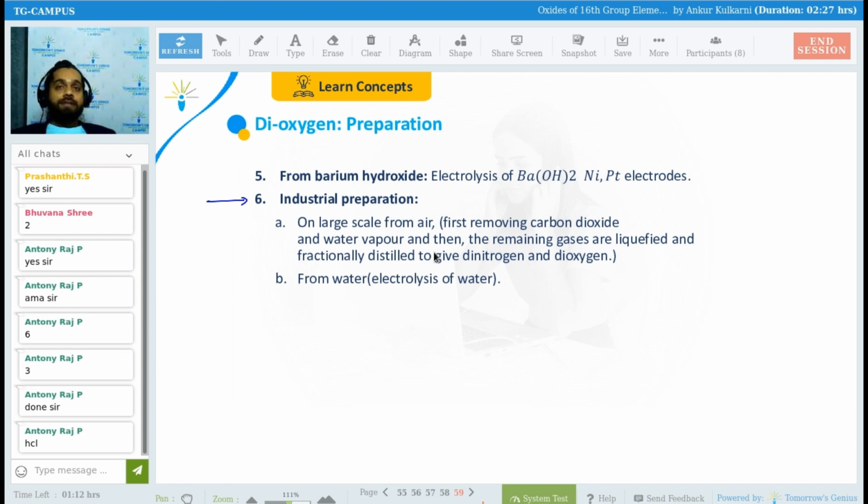Ragul, Anthony, Akhilesh, come on. Which gas is maximum in the atmosphere?